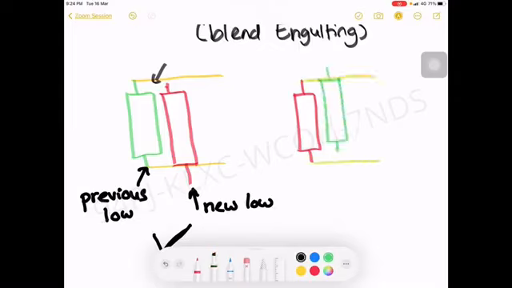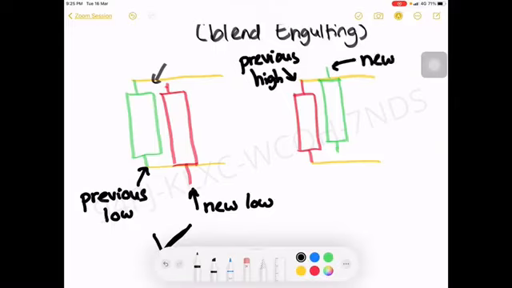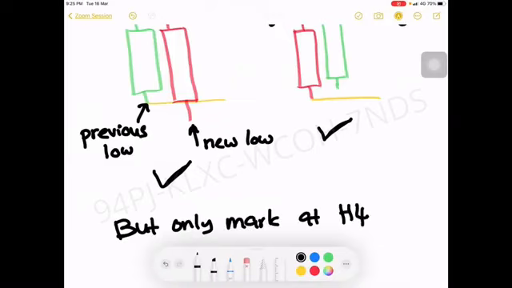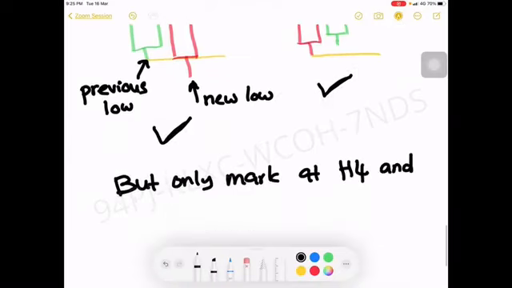If you have this one, it's also an engulfing because previous high, new high, at H4.